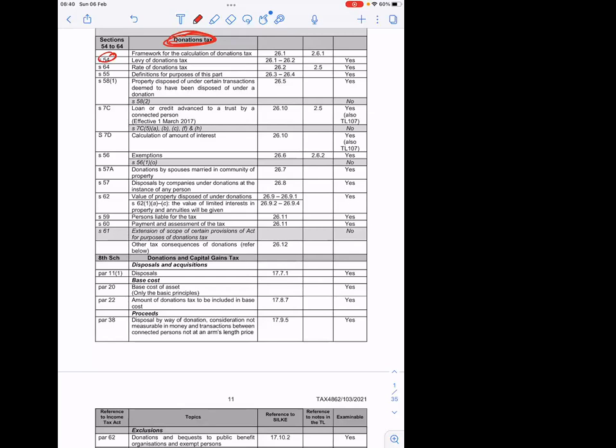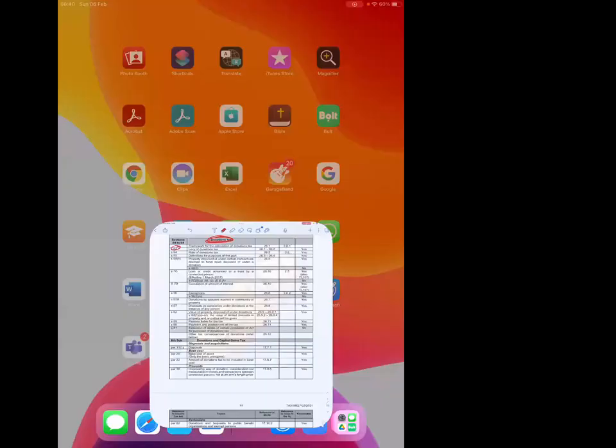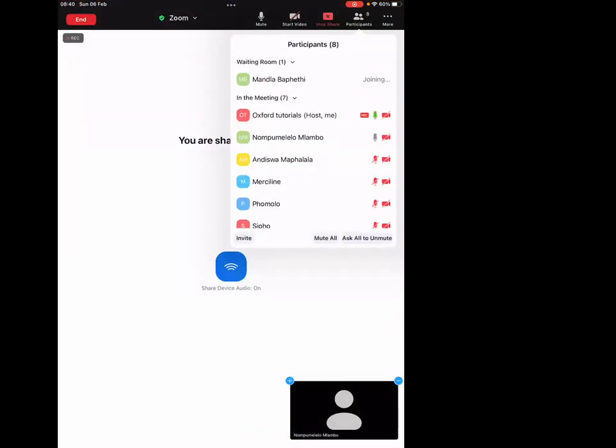This is how you open it. You don't use pages for the Income Tax Act, but you open it in terms of sections. You will realize later that even their index doesn't make reference to a particular page, but will refer you to a section.